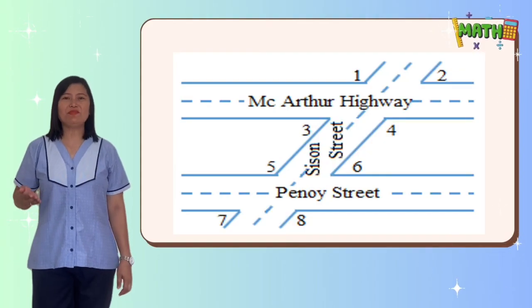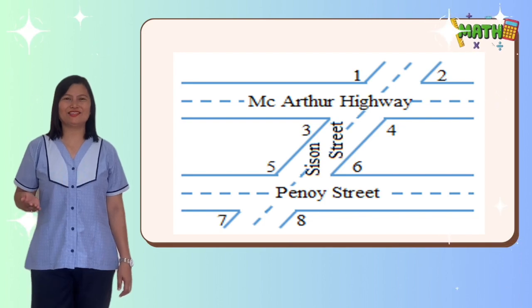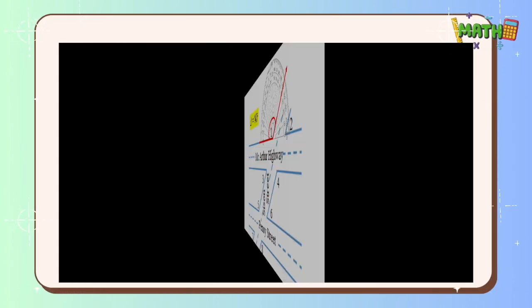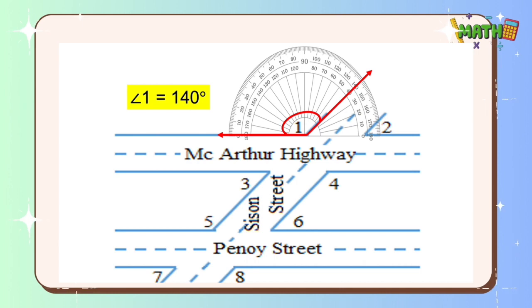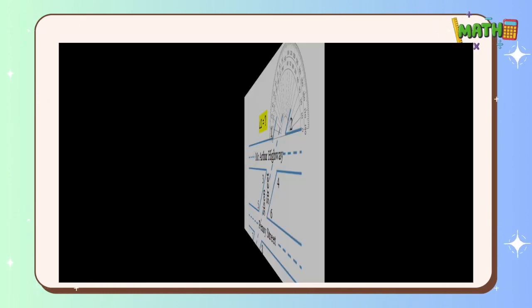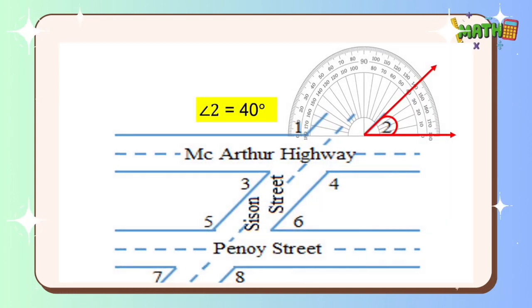Now, let's measure the 8 angles. The measure of angle 1 is 140 degrees. The measure of angle 2 is 40 degrees.